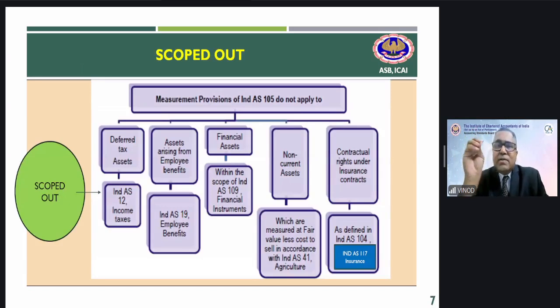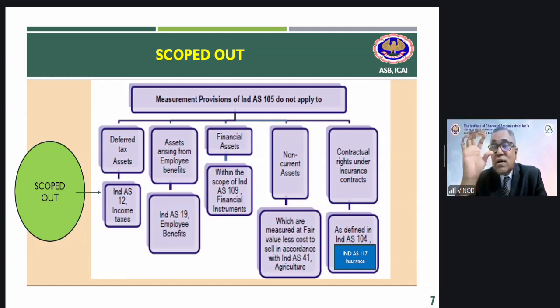So the difficult part in understanding Ind AS 105 is that in a disposal group, you will be selling all kinds of non-current and current assets, liabilities, etc., which includes current assets and financial assets, and many assets which don't come under 105. If you look at what is scoped out of this: income taxes, employee benefits, financial instruments, agriculture, insurance contracts, these all come under other Ind AS.